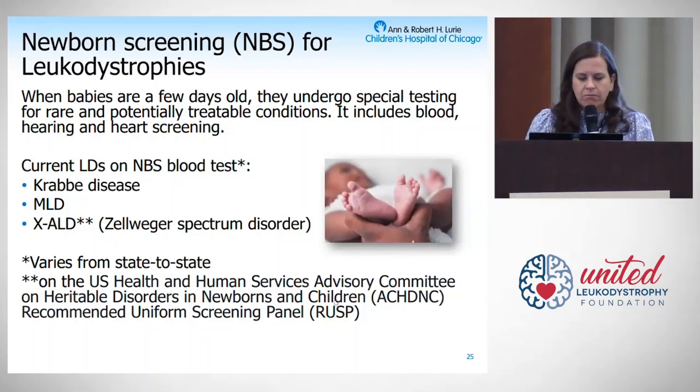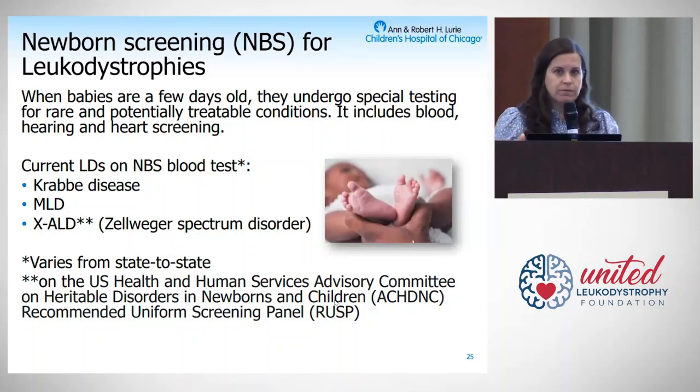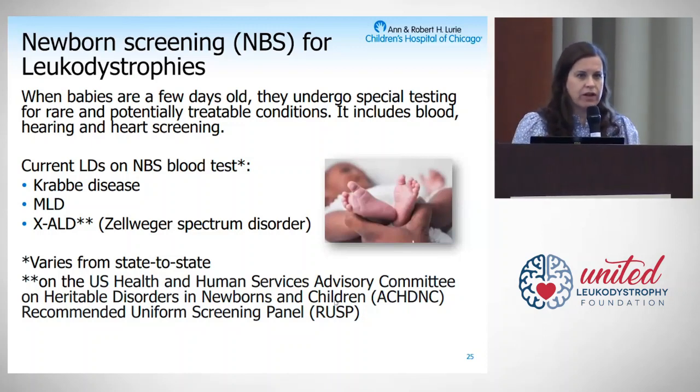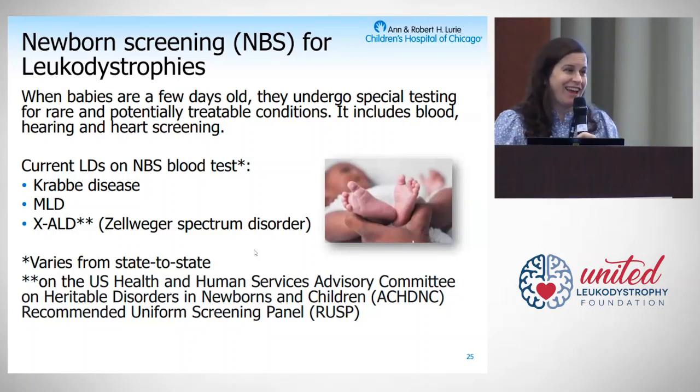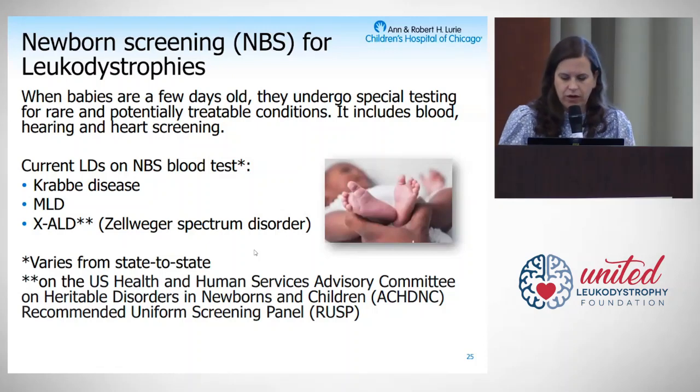And there is a recommended uniform screening panel, the RUSP, where conditions are recommended universally. X-linked ALD is on that RUSP, but it still doesn't guarantee that states test for it. So just because something is on the RUSP doesn't mean that each individual state tests for it.